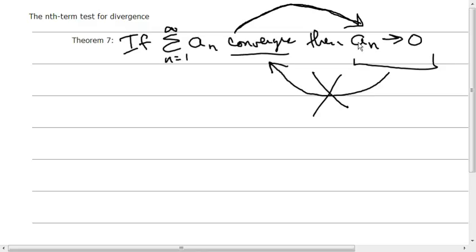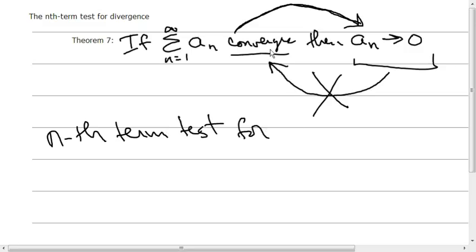Just because the nth term of the series is going to 0 as n goes to infinity does not mean that the series converges. And that's why in the next little box they talk about the nth term test for not convergence but divergence.